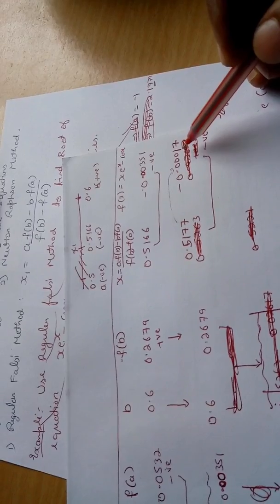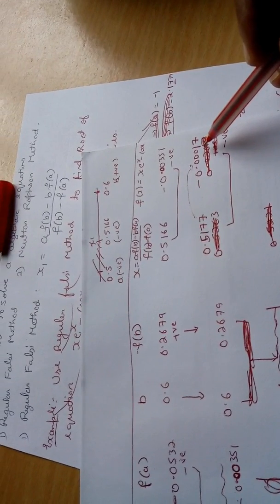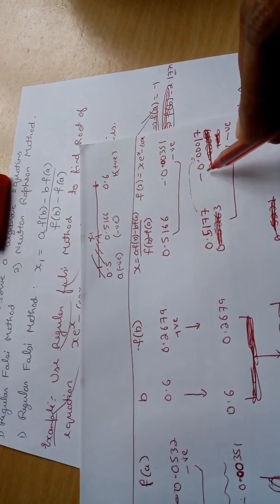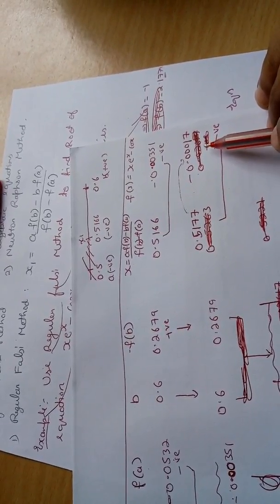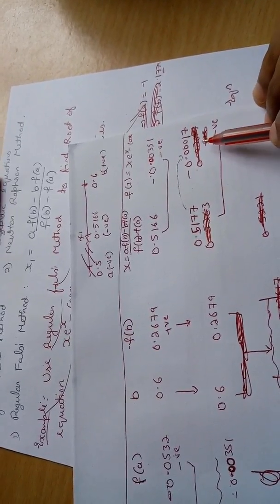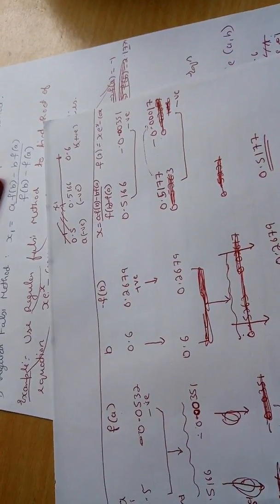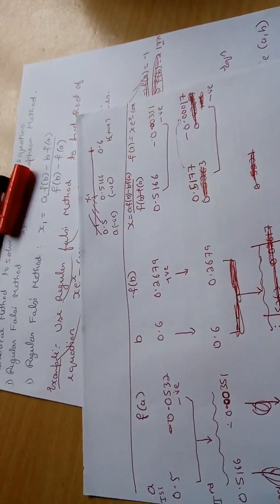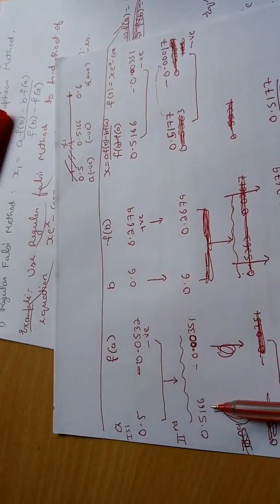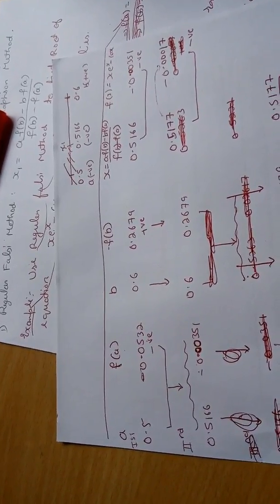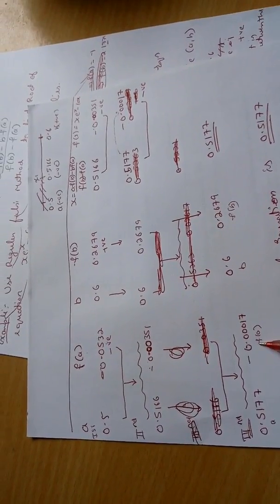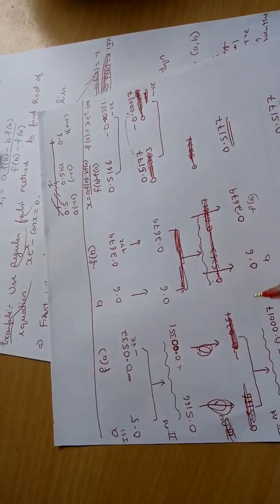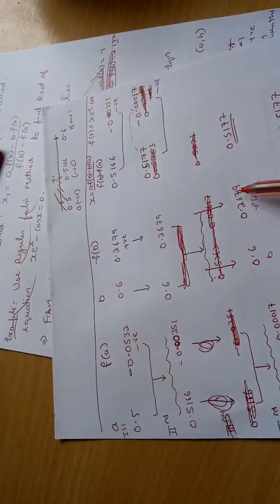So obviously whenever it is negative, we have to replace A. So again you can check here, initially it was 0.5166, now I have replaced it with 0.5177, its value minus 0.00017, and I am keeping the B value as it is, and then when I calculate, I am getting the value of x as the same value, 0.5177. So stop the procedure here and say that therefore the real root of the equation is 0.5177.